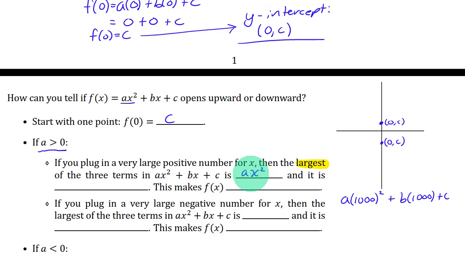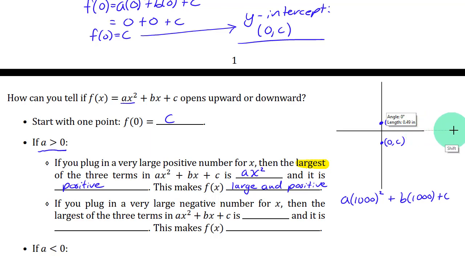So ax squared is going to be a very large positive number. So this is going to make f of x large and positive.